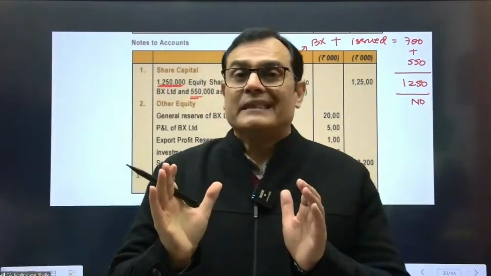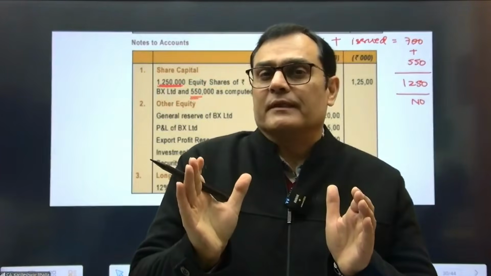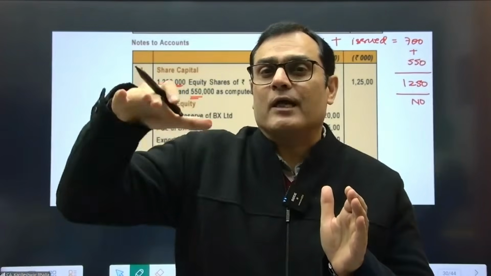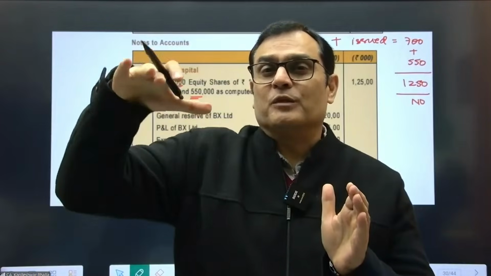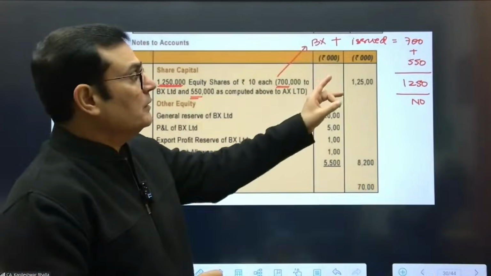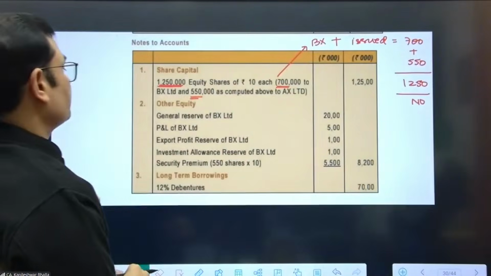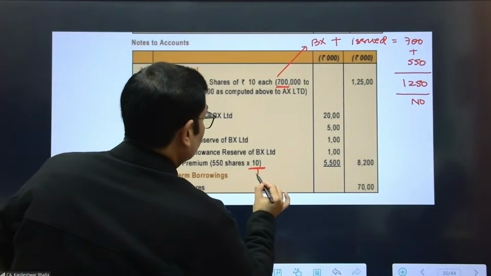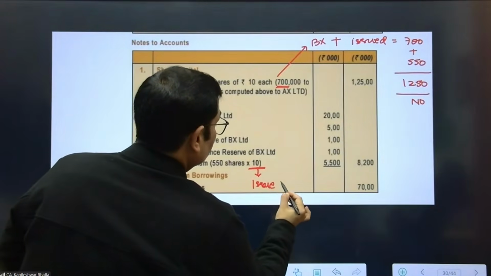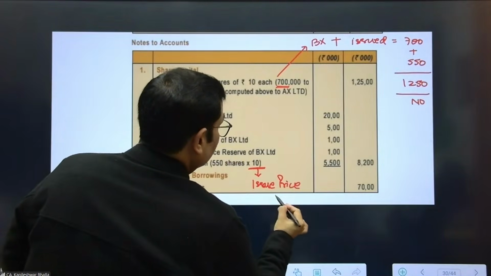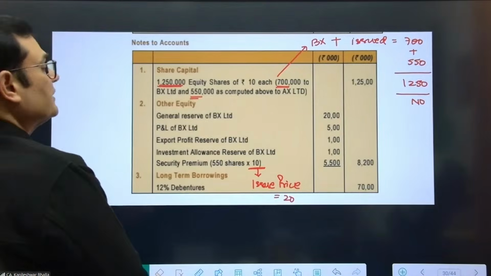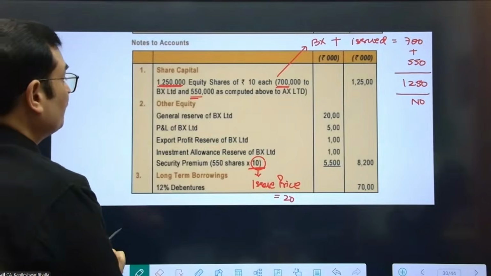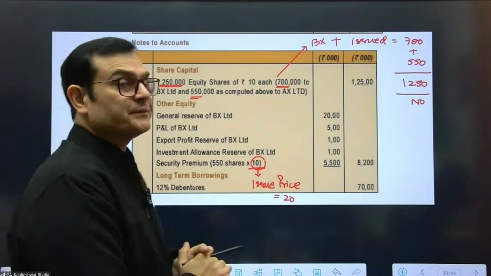So when a new company is created, in this particular case, we will consider the shares of the accounting acquirer and the shares which he would have issued, and that's the number which is going to be reflected. Next, the other input is that these shares were issued at the rate of 20 rupees per share, out of which 10 is the face value, and the remaining 10 becomes a share premium to be reflected in the other equity of the balance sheet.